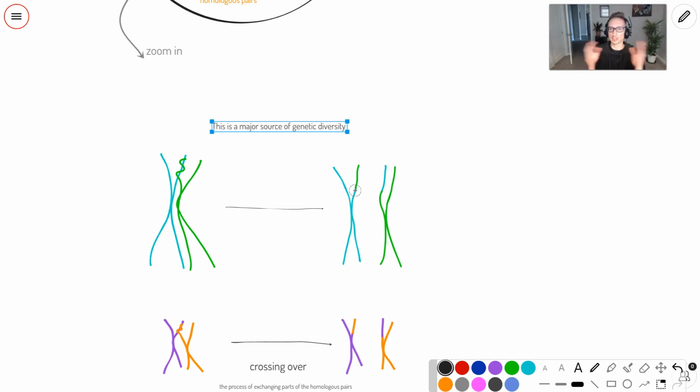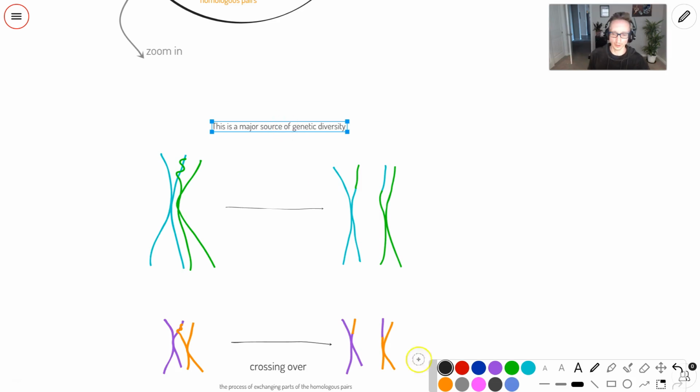And so we're mixing the alleles, like dominant, recessive, and so on. I know we haven't really talked about that in this class, but this is increasing our ability to mix up our genes. So for example, if you have a lot of children, none of them will be quite the exact same. They won't be exact copies because the father is doing this and the mother is doing it.